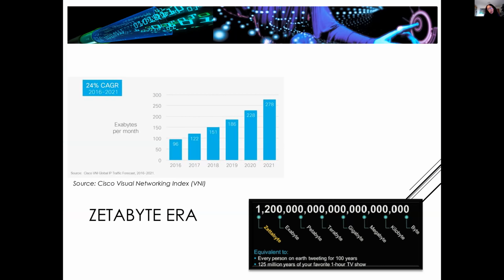We are now in the area of the zettabyte, and the growth of the internet traffic per month is estimated to be 278 exabytes.